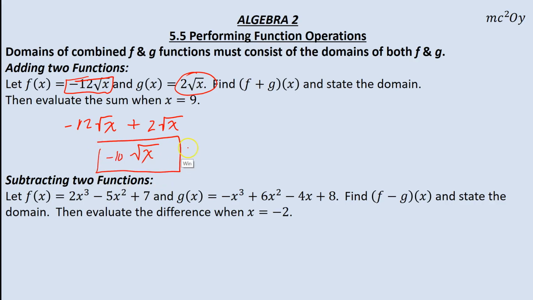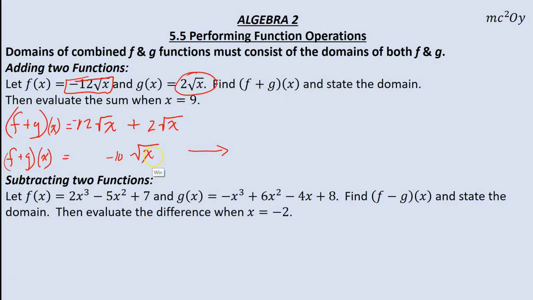All right. Now it says evaluate the sum when x equals 9. I should write this out accurately. This is f plus g of x, and that equals negative 12 root x plus 2 root x. And so really I now have f plus g of x equals negative 10 root x.